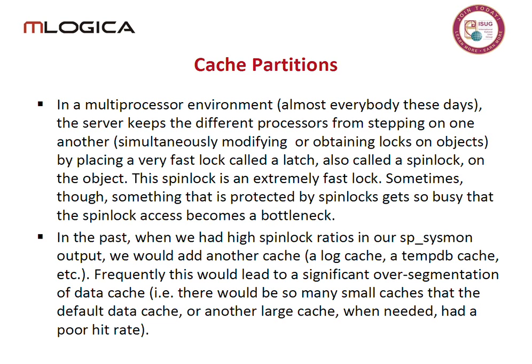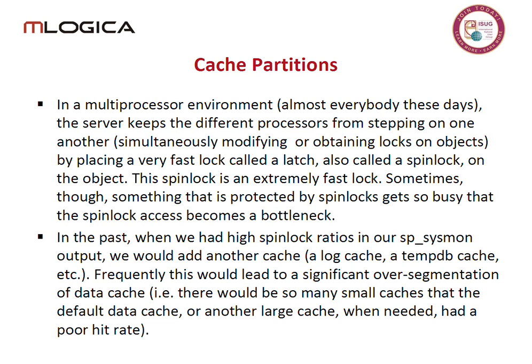So spin locks get the results back very quickly, but we want to make sure that we're able to get through. If we have 20 processors and we have spin lock contention getting into the caches, well, getting into the caches is a good thing. We want to get the page out of cache faster. That's the advantage of having the cache instead of the disk, right? Get the information off the cache rather than off the physical disk. Waiting to get the information out of the cache is not a good thing.